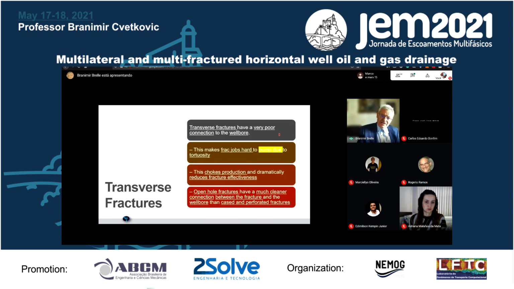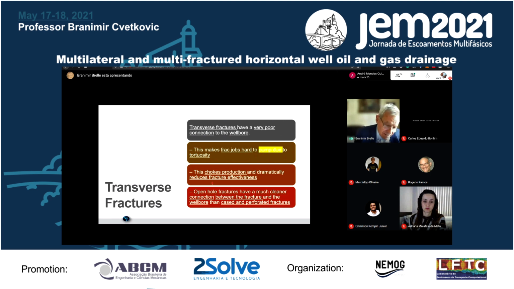So a transverse fracture has a poor connection to the wellbore. This makes frac jobs hard to pump due to tortuosity. This chokes production and dramatically reduces fracture effectiveness, and an open hole fracture has a much cleaner connection between the fracture and the wellbore than a cased and perforated fracture.